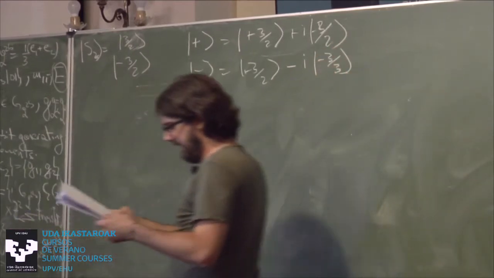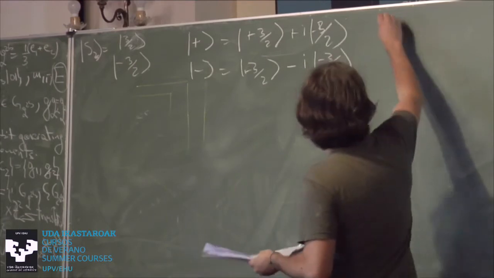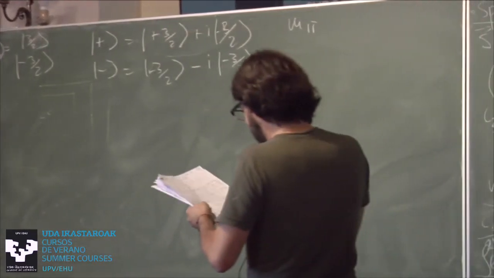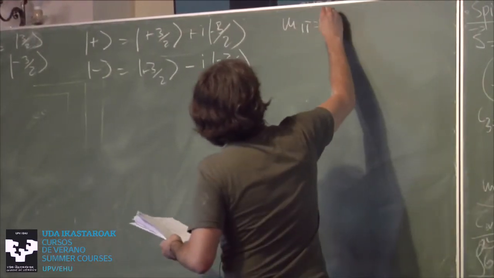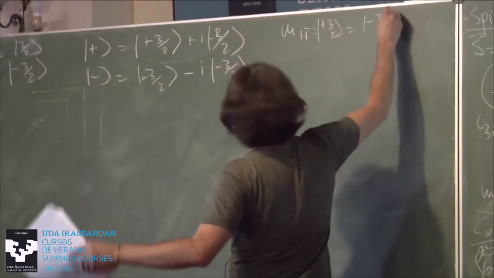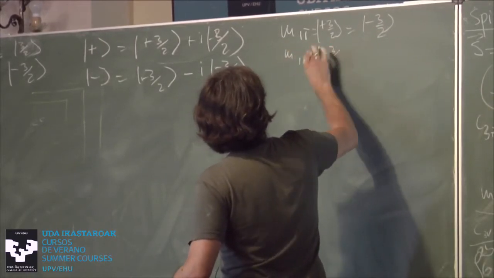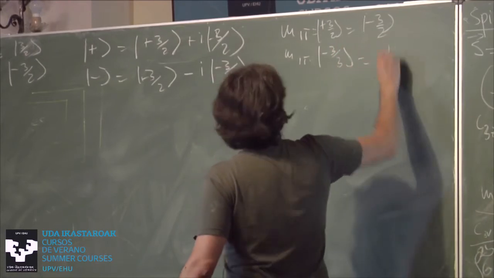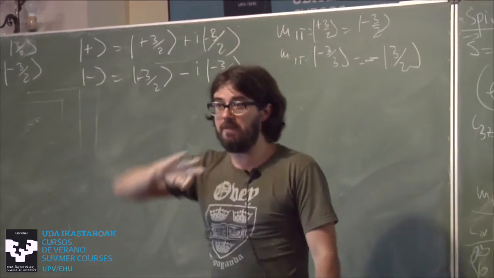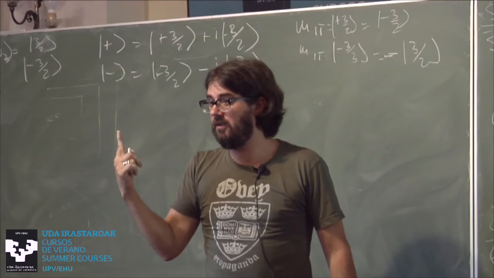Okay? I claim that these states are mirror eigenvalues. So M11 bar on plus 3/2 is equal to minus 3/2. It flips it. And M11 bar on minus 3/2 is equal to 3/2, but you get a minus sign here, and this minus sign is just because if you apply mirror twice, you have to get identity with a minus sign, right?